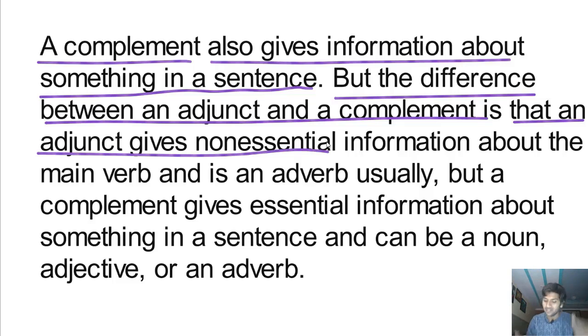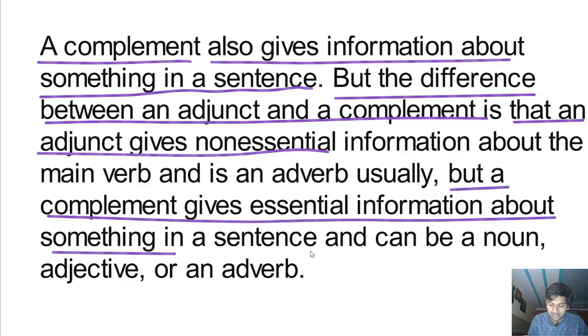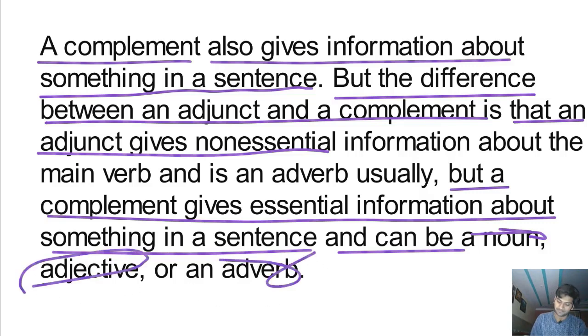We have seen that now, right? But a complement gives essential information about something in a sentence and can be a noun, it can be an adjective as well, and it can also be an adverb.